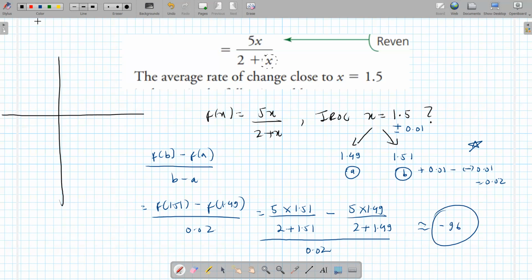So that means you have a vertical asymptote at x equals negative 2. And if you take the ratios, because this is a linear over a linear, if you take the ratio of the leading coefficients, which is 5 over 1, that will give you your horizontal asymptote of 5.